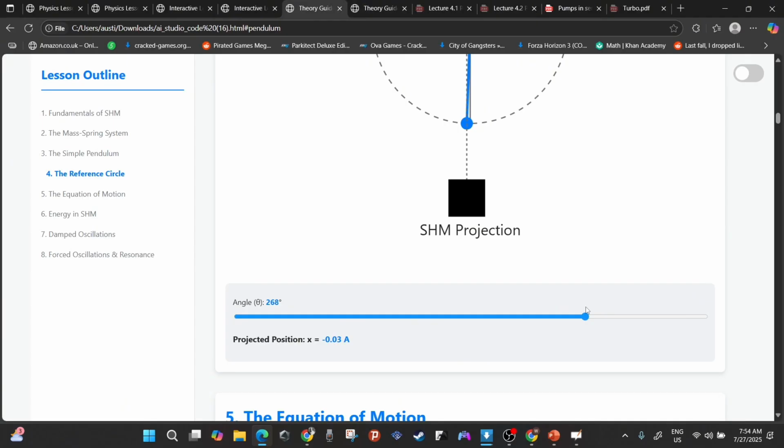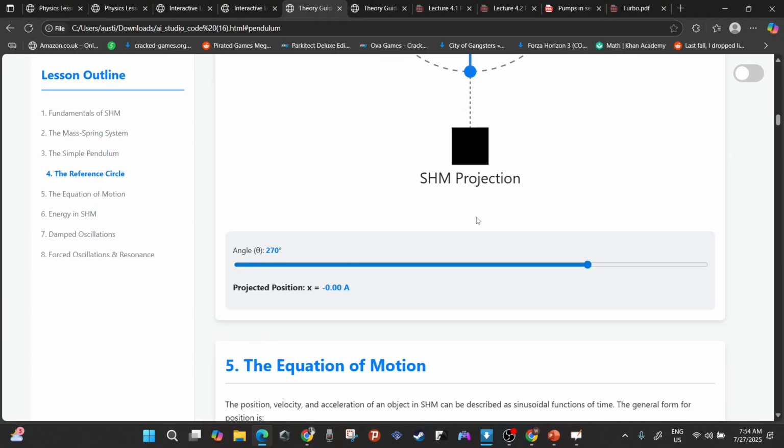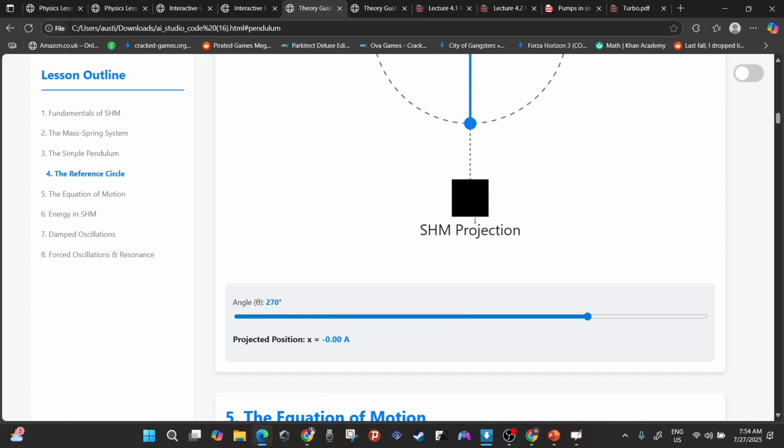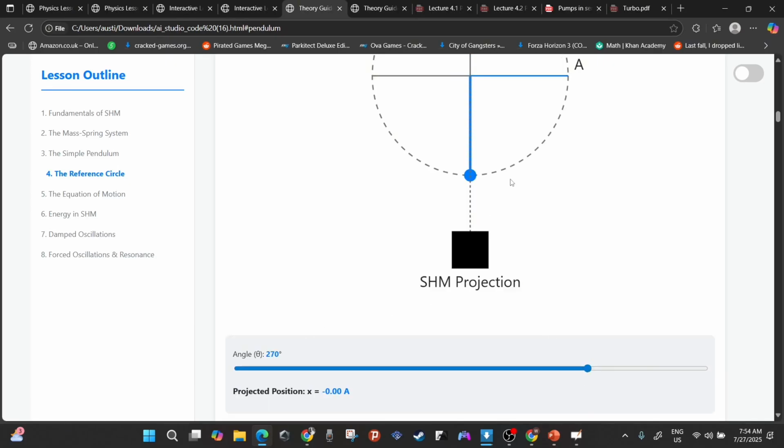I like 270 for some reason. We get another point of equilibrium. And then if it makes a full rotation back to 360, we get 1 times the amplitude, so it's all the way to the right again.